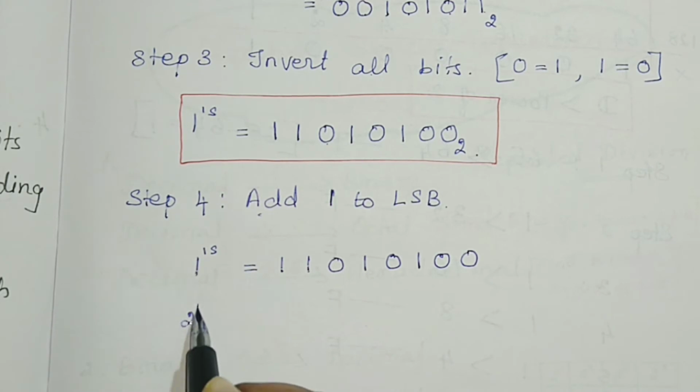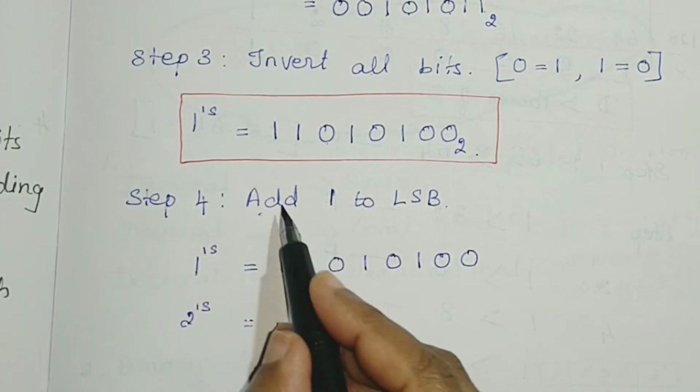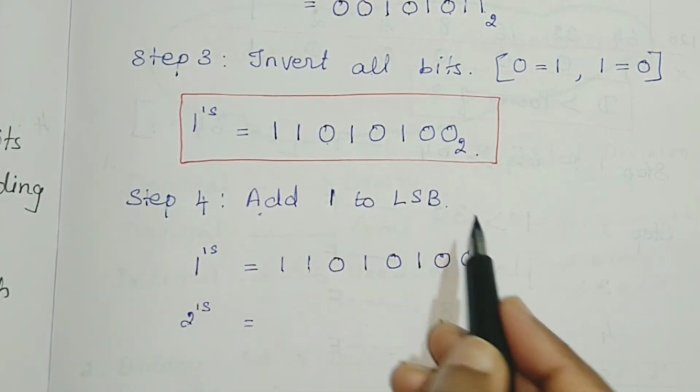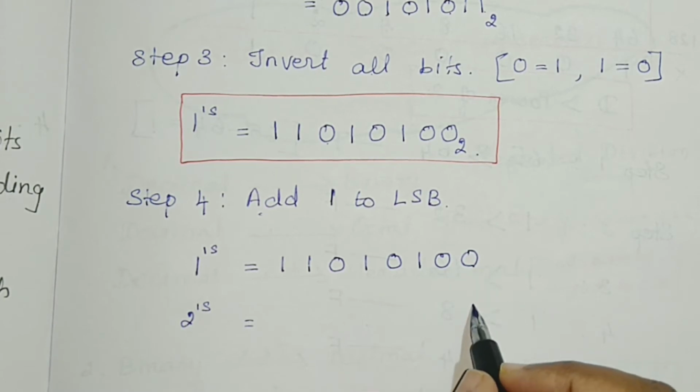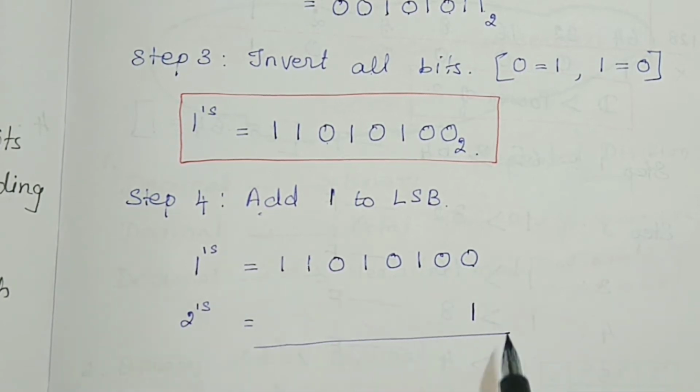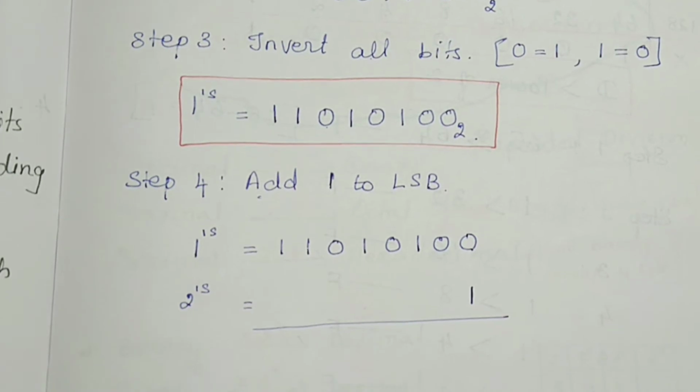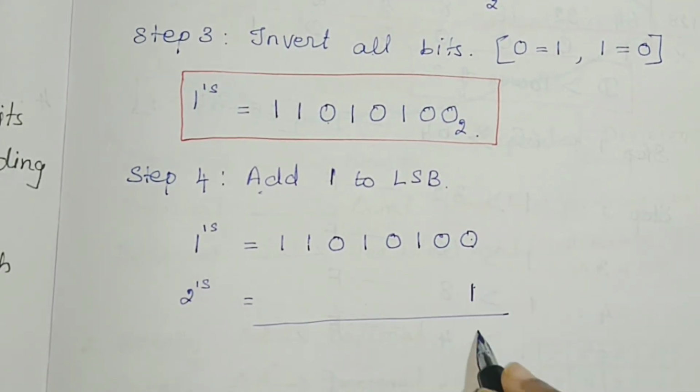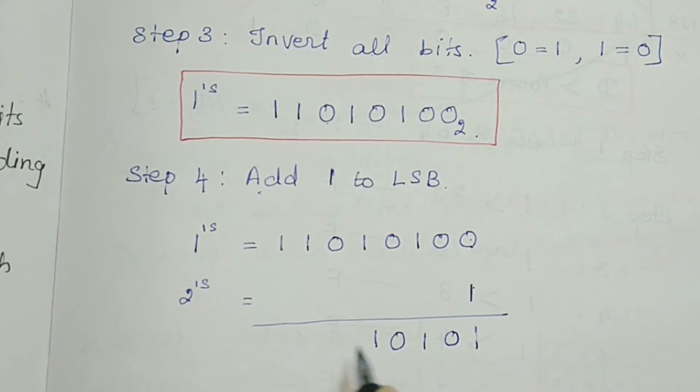To find 2's complement, we have to add 1 to the least significant bit. The result will be the 2's complement. So 0 plus 1 is 1, and the remaining numbers you write as they are.